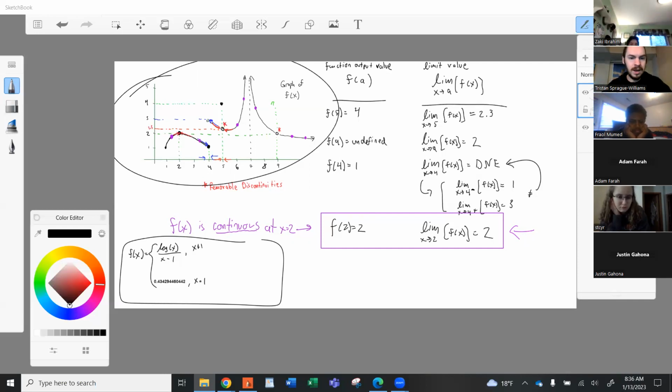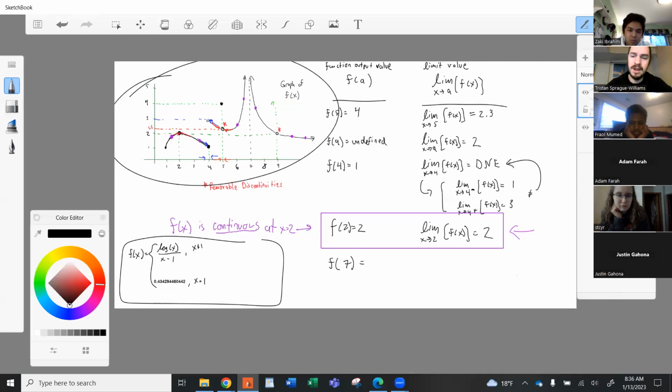Yes. So let's see. So we want to look at what's going on here. This is a weird spot. So most of the time when you have a vertical asymptote, the function is undefined there. Not necessarily true, but in most cases that arise in algebraic functions, it's undefined.